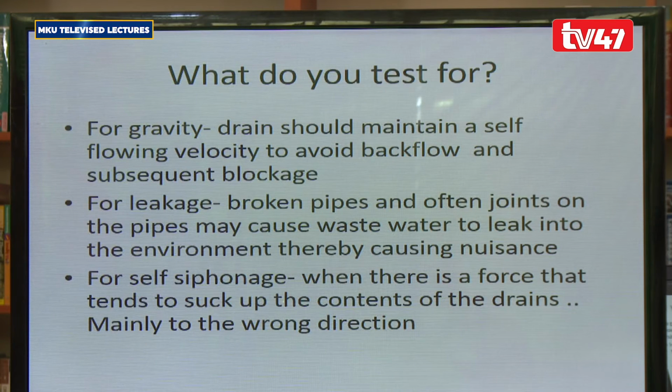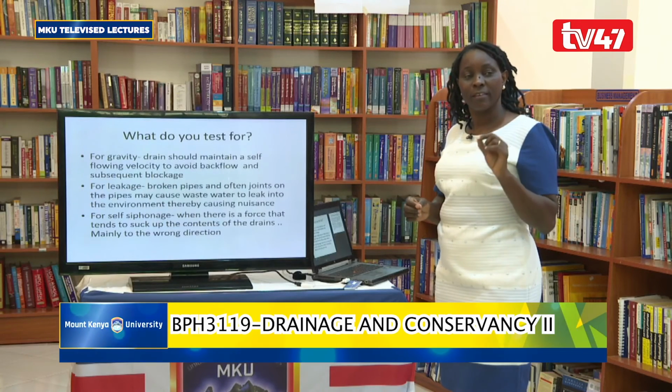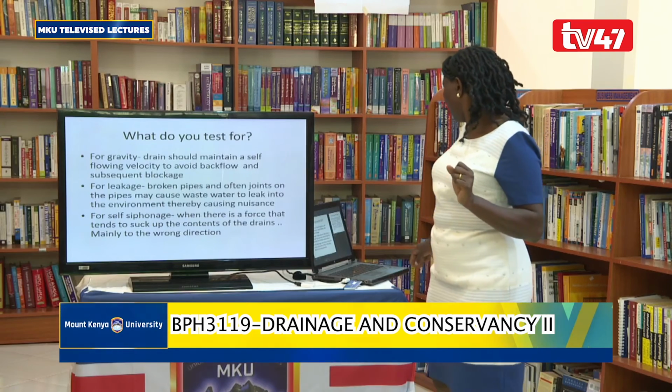And of course, I have mentioned checking for self-siphonage. This is where there is a force that tends to suck up the contents of the drains, mainly in the wrong direction. The water is supposed to flow using gravity, but when there is a difference in the atmospheric pressure and the velocity, then you are going to have problems in the drainage system.